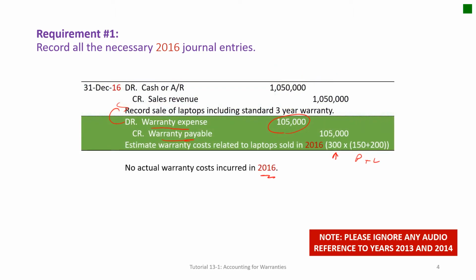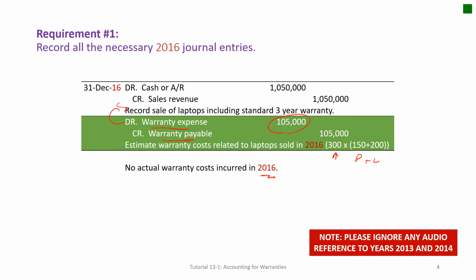Our next journal entry is going to be to accrue the associated warranty expense, and we do this because of the matching principle. We want to be able to match an estimated value of warranties against the particular sale that we incur. So we're going to debit warranty expense and credit warranty payable for the amount of $105,000.